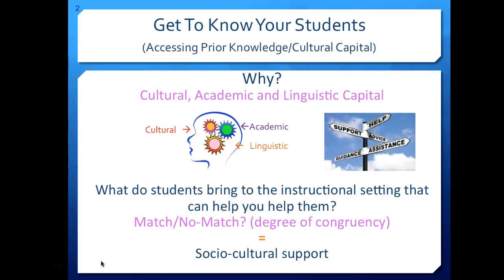The farther away that match is, for example, between rural Alaska and urban Alaska, the more difficult it is for students coming from rural Alaska to urban Alaska to access new learning. So this is trying to balance it out, create a degree of congruency that will give students access to academics and social cultural capital.